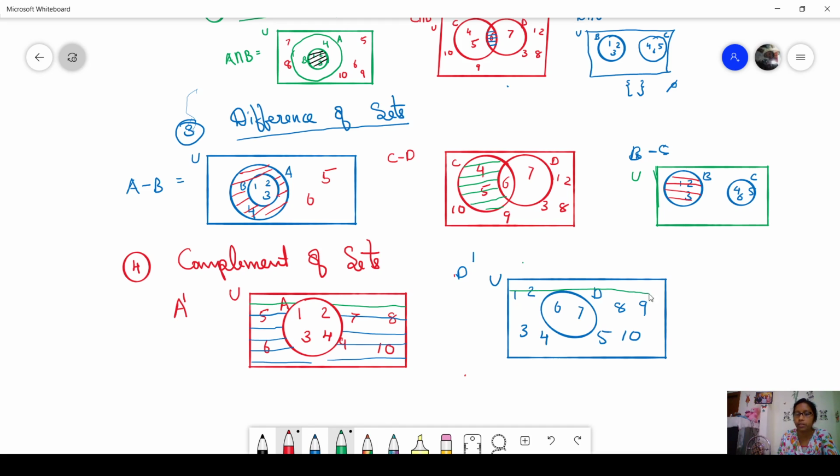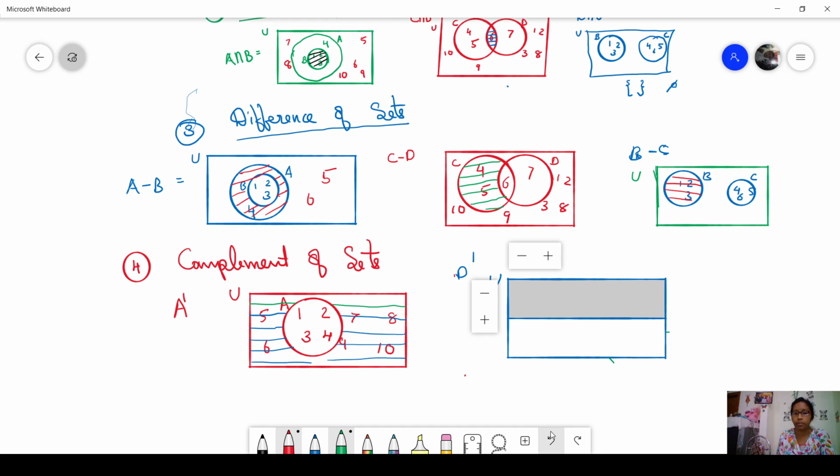So all these elements which are shown with green color are the D complement.